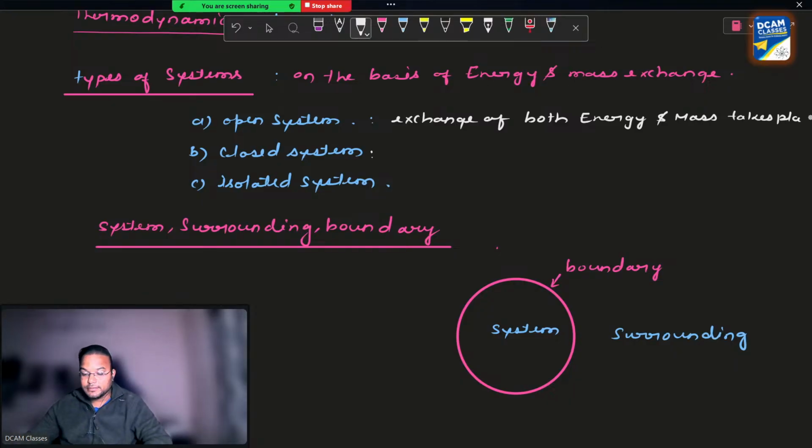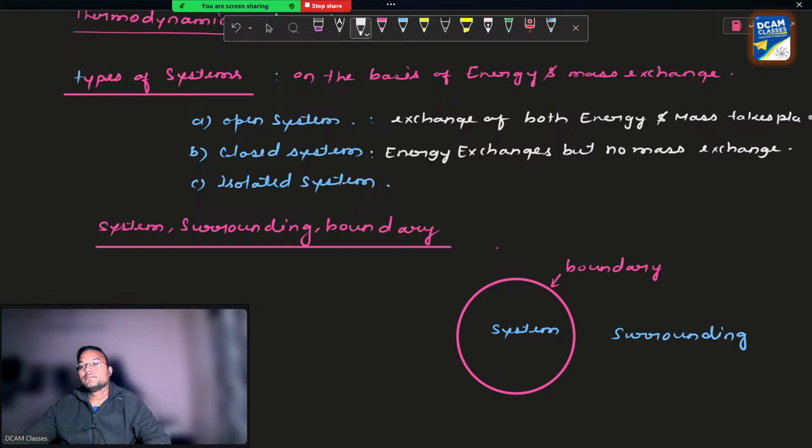What is a closed system? Energy exchange takes place, but no mass exchange. In a closed system, energy can exchange between the system and surrounding, but mass cannot move out from the system to the surrounding or from the surrounding to the system.